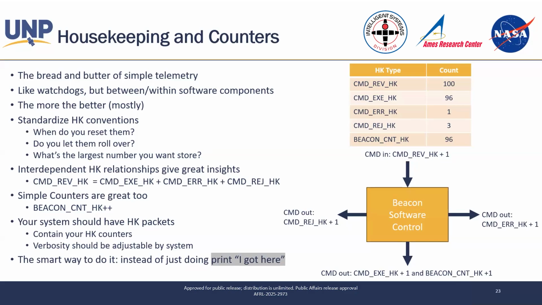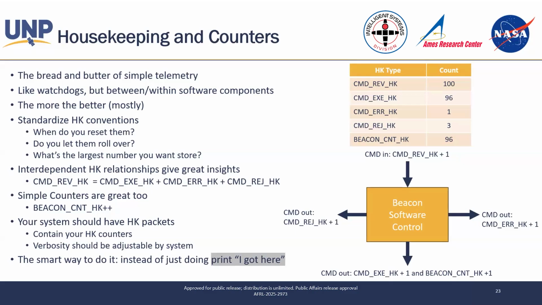What's nice about this is you can design the software control flow in such a way that your executed housekeeping, your error housekeeping, and your rejected housekeeping all sum up to be the received housekeeping. So you can back out a state from partial information with this if you need to. Just adding simple counters is great too. Anywhere in your flight software, you can add a counter to know that you've got to a particular line or that you've finished executing something.